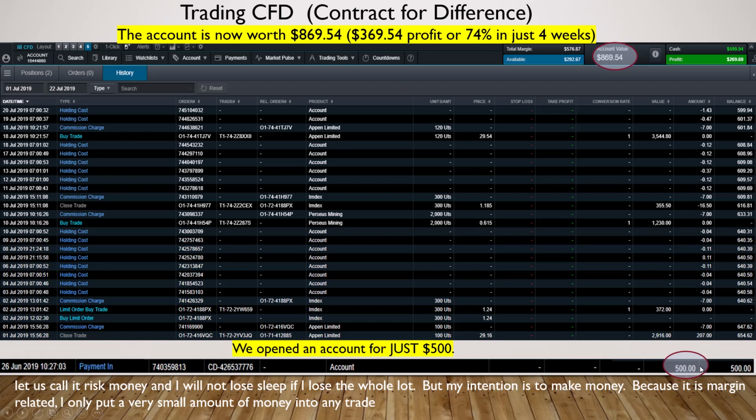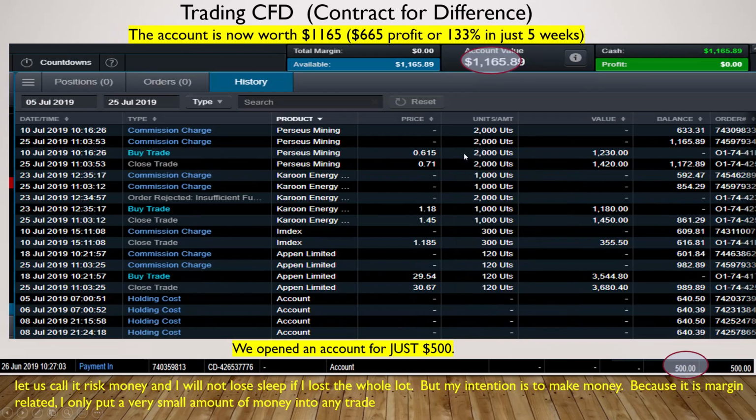The $500 entry on the 26th of June, a few weeks later, 4 weeks later, ended up being $869. That is 74% profit in 4 weeks. That shows the Perseus trade. We entered at 61.5 and closed at 71 cents, and that's how we made the extra $200 profit.